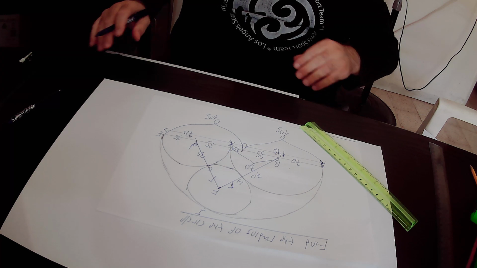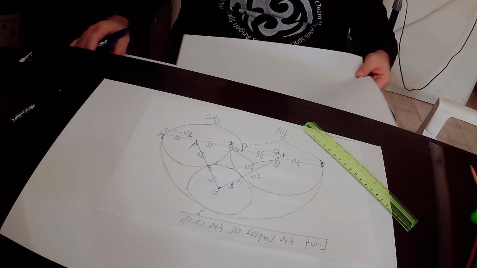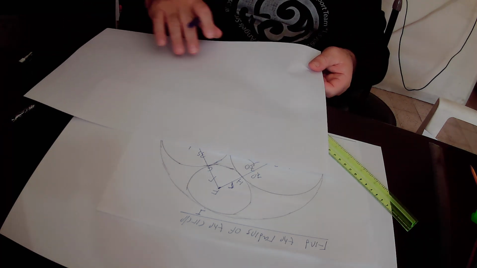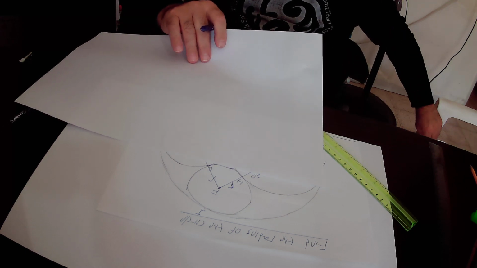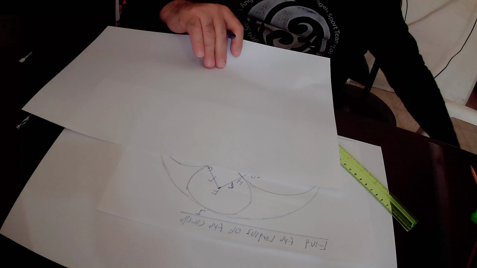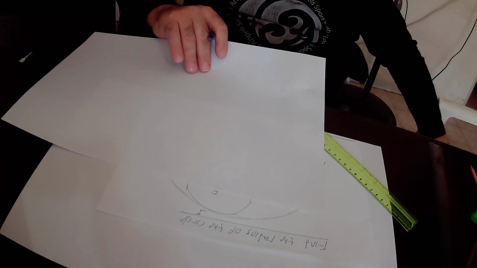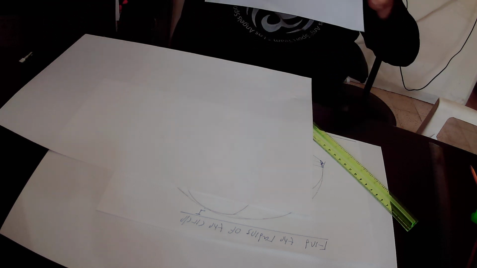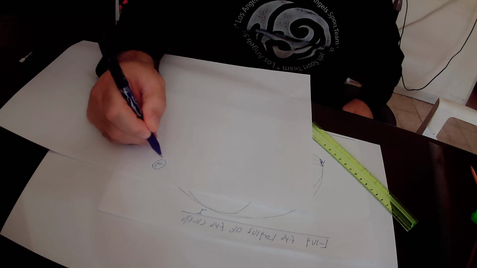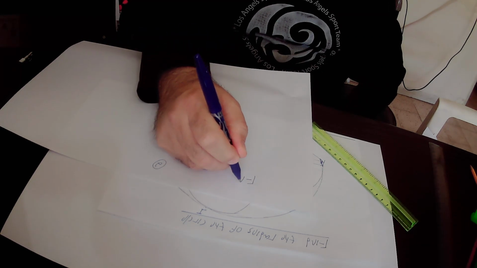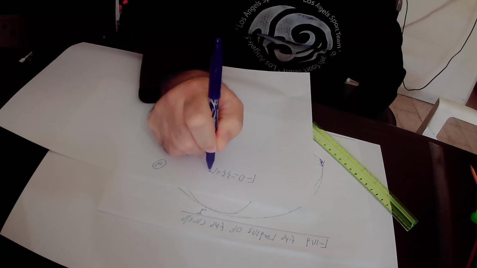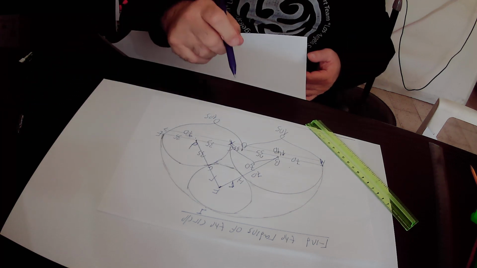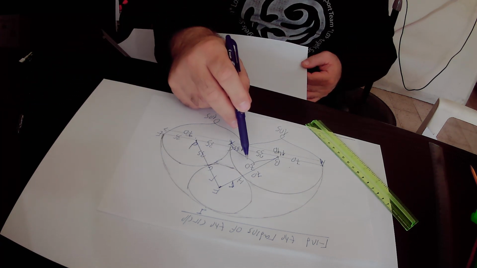So we can write down that FD equals 35 plus r. And we have already found out that FB equals 70 plus r.